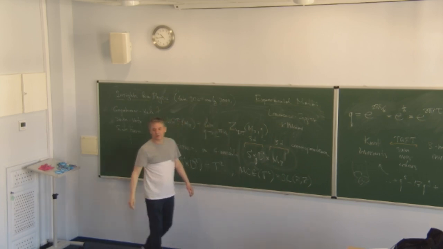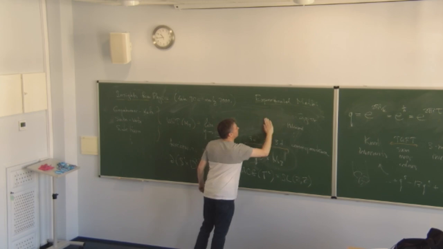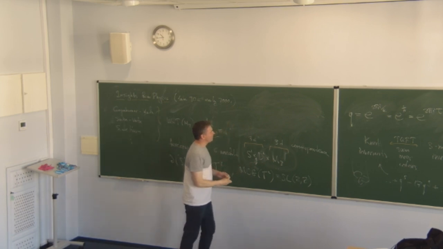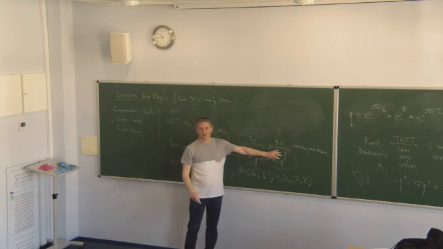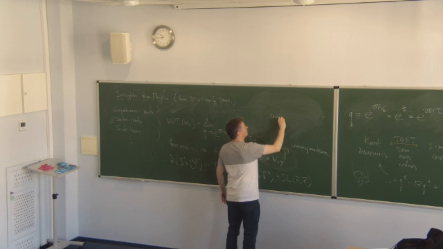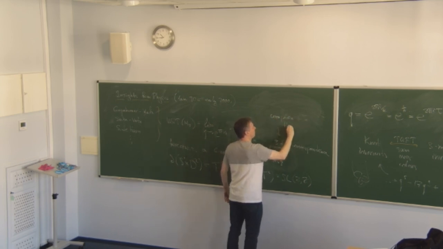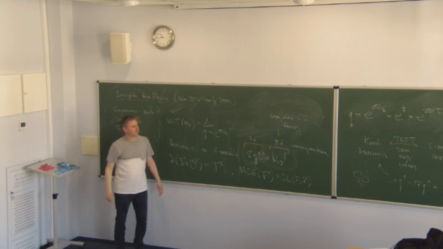And what we learned from those days is that on this 3-dimensional part, the topological theory on M3 basically looks like complex Chern-Simons theory. CS stands for Chern and Simons.